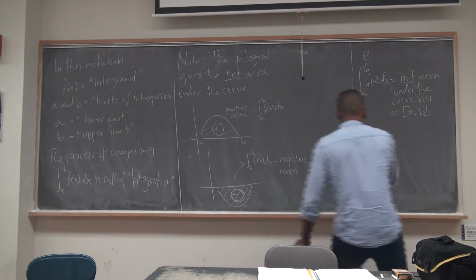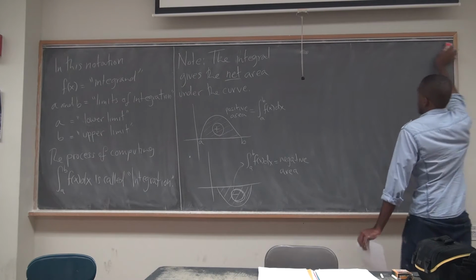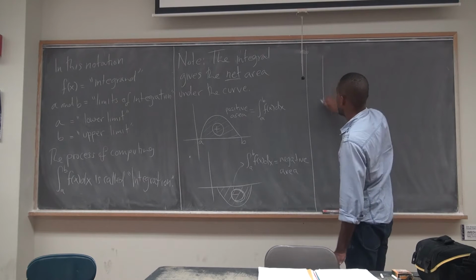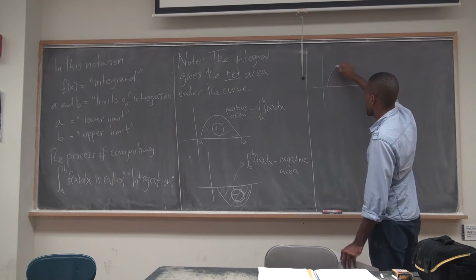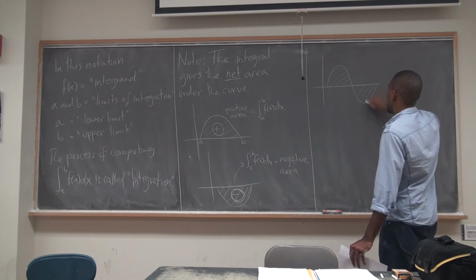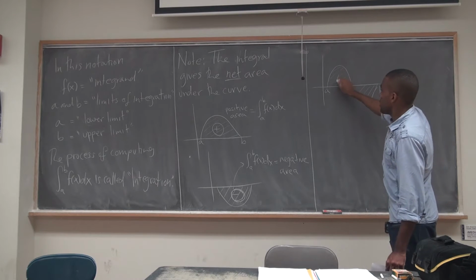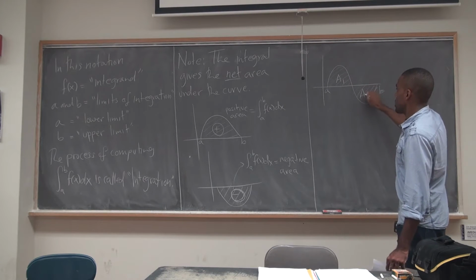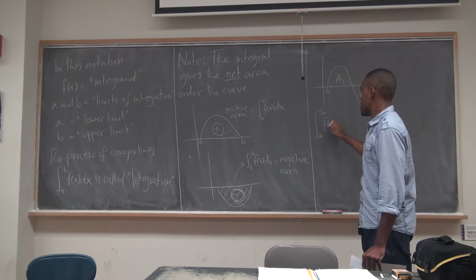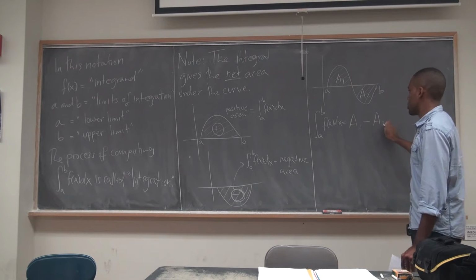And of course, if you have a function that switches above and below, you combine the two. If you have a function that goes between a and b, and you know that the area of this part is A1 and the area of this part is A2, then the integral from a to b of f of x dx is going to give you A1 minus A2.